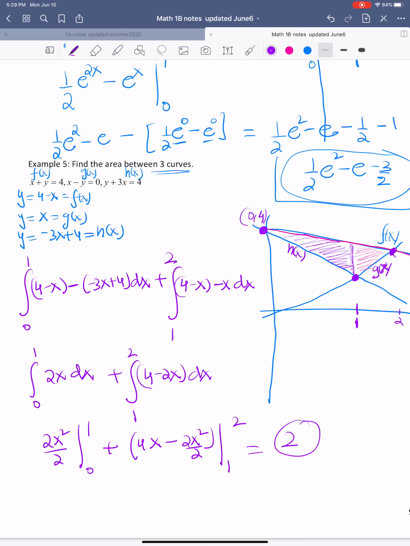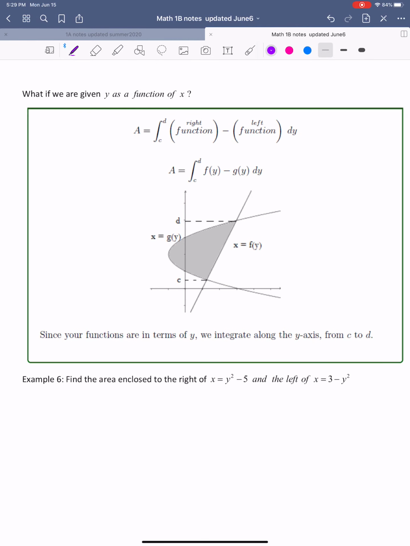Okay, so next example, what if we are given y as, oh, I meant to say x as a function of y. This is a typo, so please correct it. x as a function of y. So this is not correct. What if we are given x as a function of y?